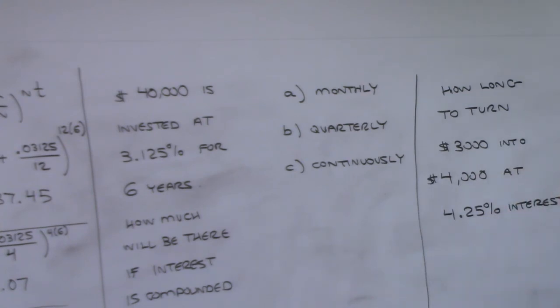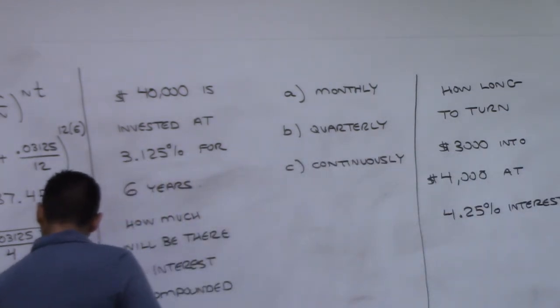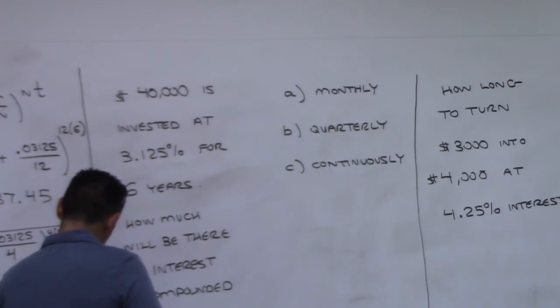That's a little bit more of a difference on that one. This last one I'm getting 48,249.21.